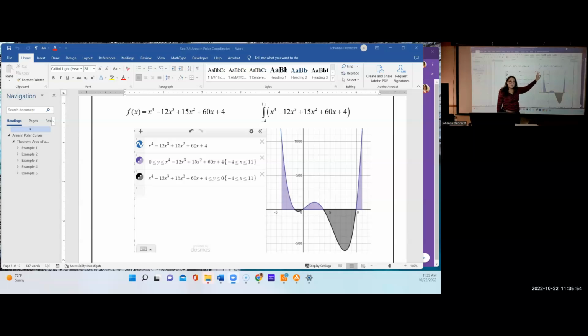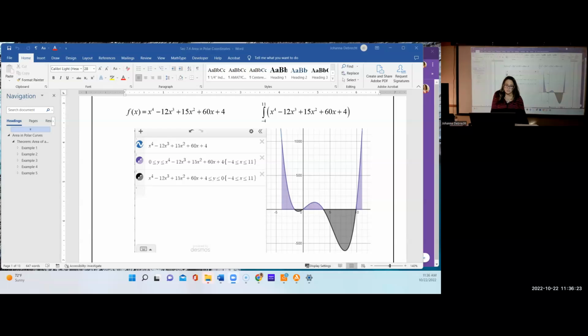Now, the definite integral calculates the area between the curve and the x-axis, so that any area that is above the curve becomes positive, and any area below the curve, like the gray here, becomes negative. And in this way, we were able to estimate, or actually find exactly, the area between the curve and the x-axis by taking the definite integral.